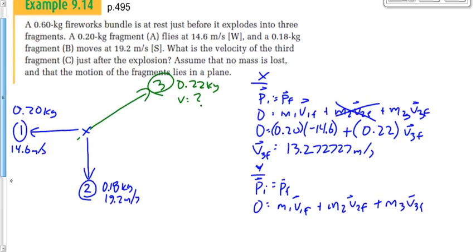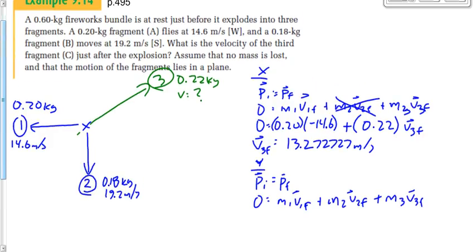M1 is 0.2 kilograms. Elizabeth, what is V1 for the Y component? Object number 1 for the Y component. Remember, when we're analyzing the Y component, we ignore anything X, right? So it's 0. Good.